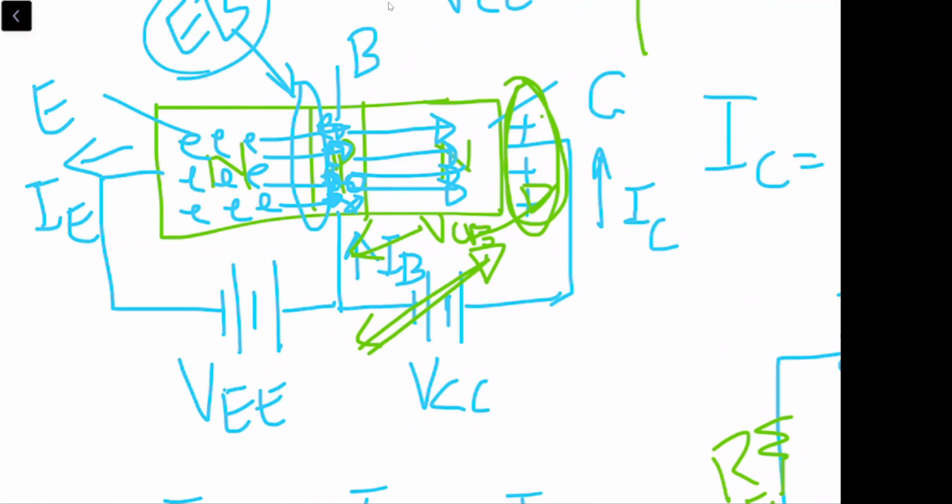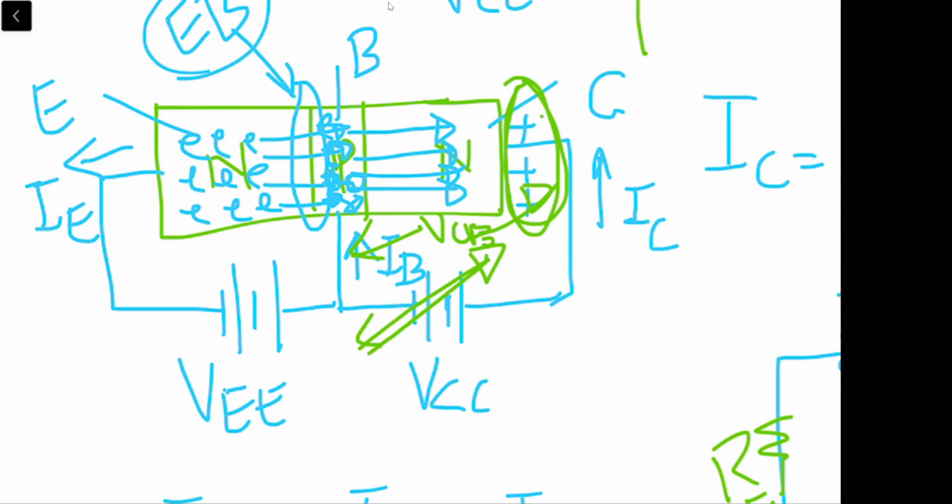It cannot get something more from the emitter if the emitter has not emitted more majority carriers. It can only collect the majority carriers emitted by the emitter, as well as a few of the minority carriers generated by the base. So it collects both of them, and that's it.